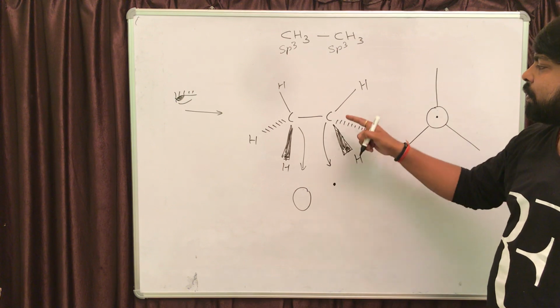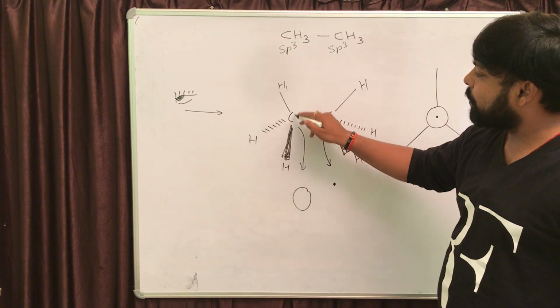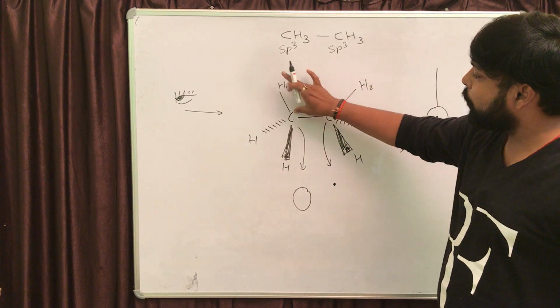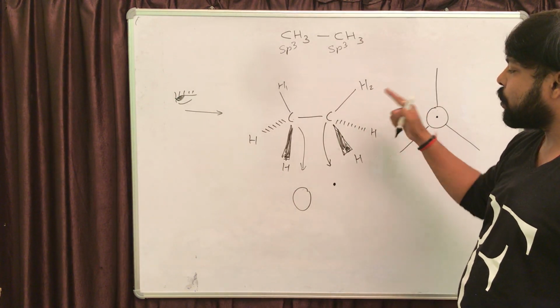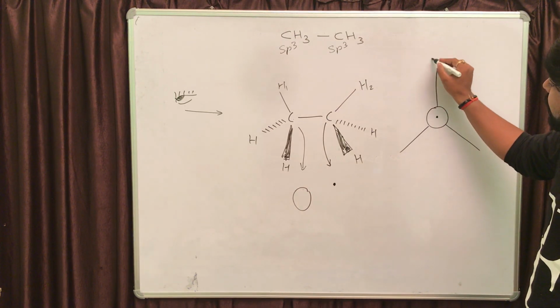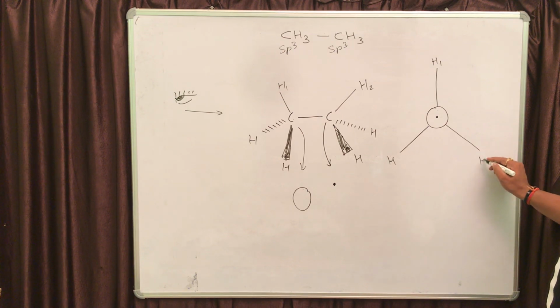Now observe this, let's say carbon and hydrogen 1, and second carbon and hydrogen 2. These two bonds are exactly overlapping over one another. So if you are going to draw the carbon and hydrogen 2 bond, it will overlap. Let's say here it is carbon-hydrogen 1, and here also we are having hydrogen.